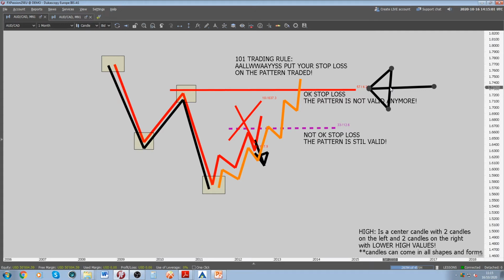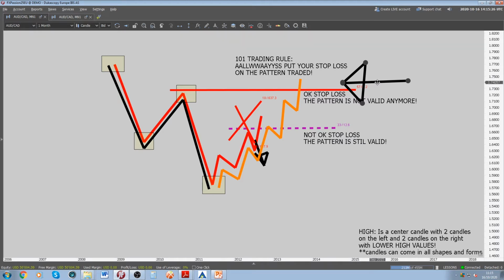Any questions so far, everybody? And yes, sometimes the market is going to do this. Sometimes the market is going to stop us out on the pattern, which is okay.